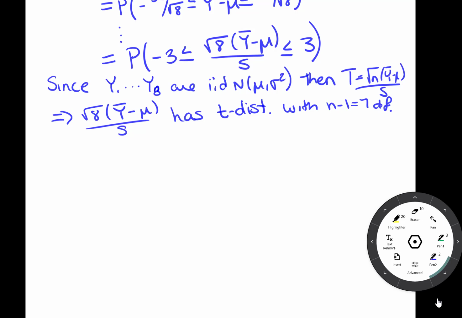So if we want to find that distribution, what we're going to use is a t distribution. So we started out with that probability that we're interested in.